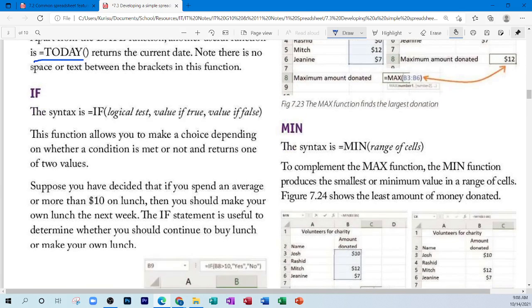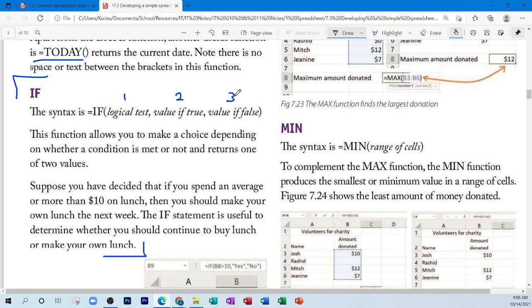To get us started, Rizwan, can you read the IF function for us? Yes, sir. The syntax is IF, open bracket, logical test, value if true, value if false. This function allows you to make a choice depending on whether a condition is met or not, and returns one of two values.